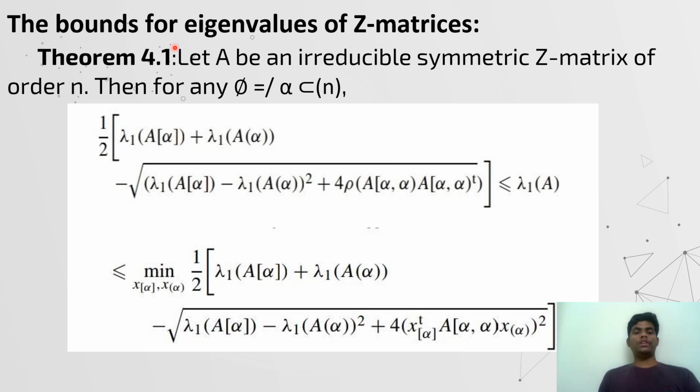The bounds for eigenvalues of Z-matrices. Theorem 4.1. Let A be an irreducible symmetric Z-matrix of order n.